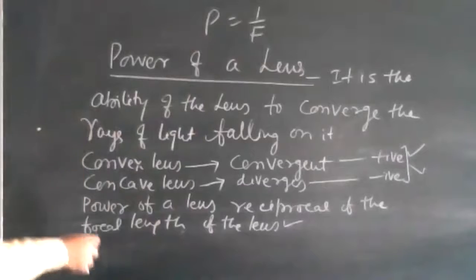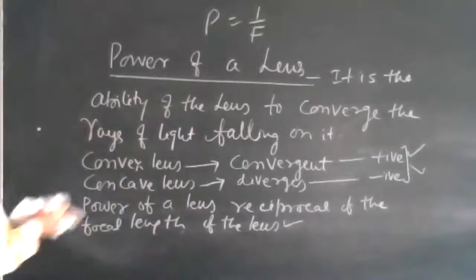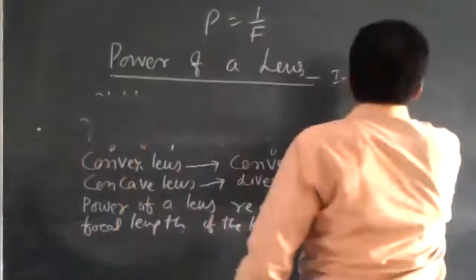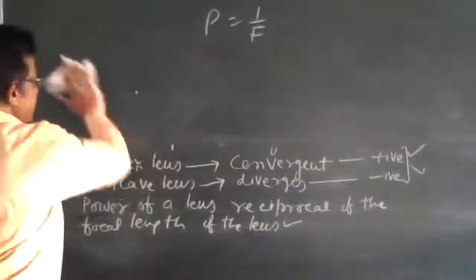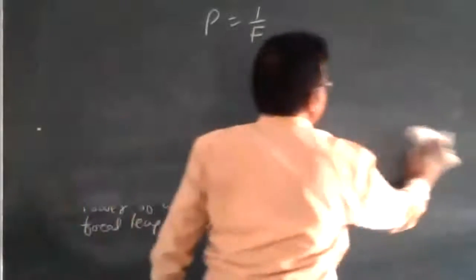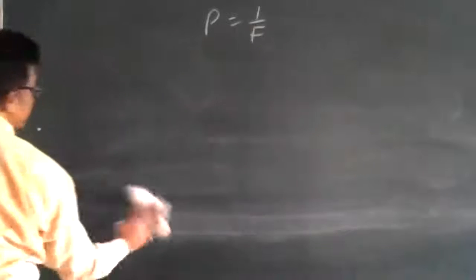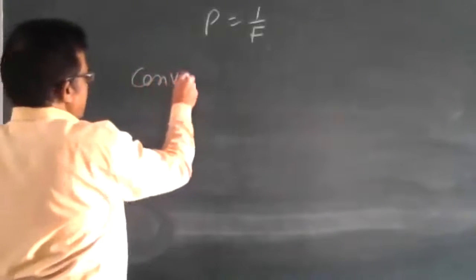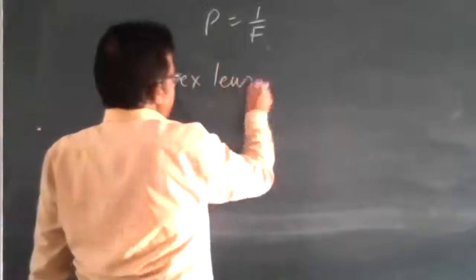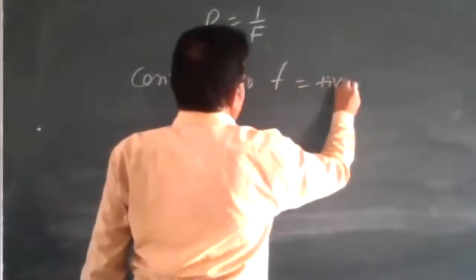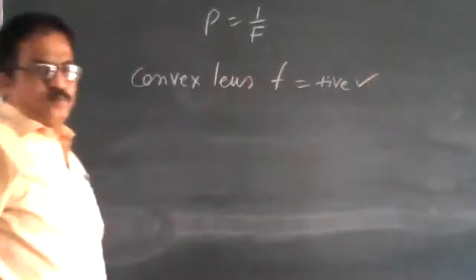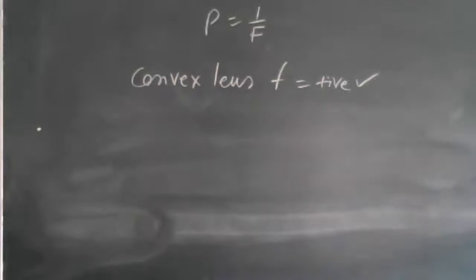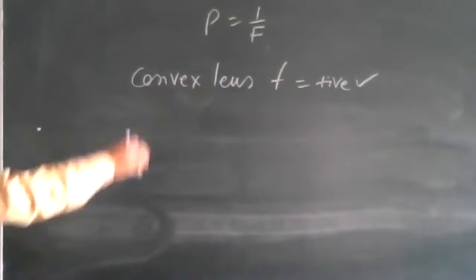For convex lens, focal length is positive. So power is positive.